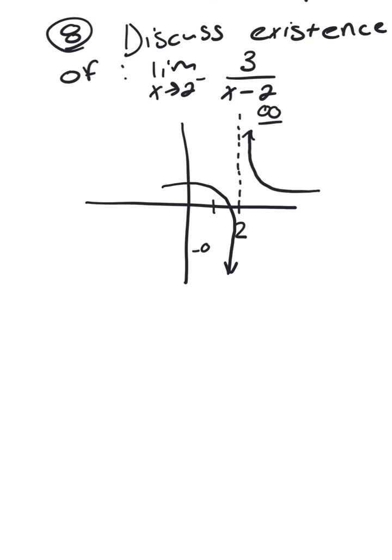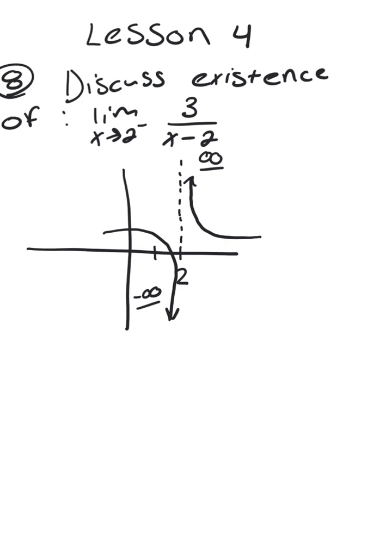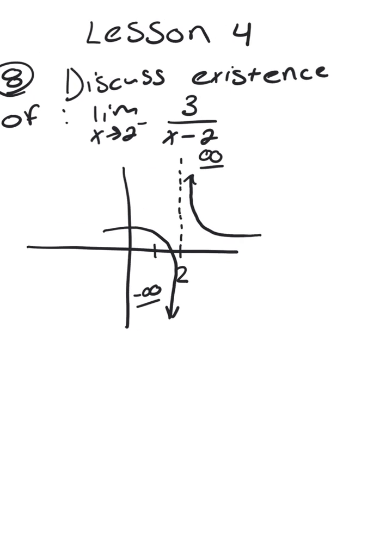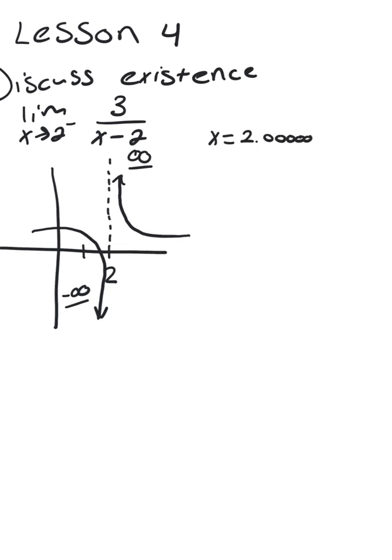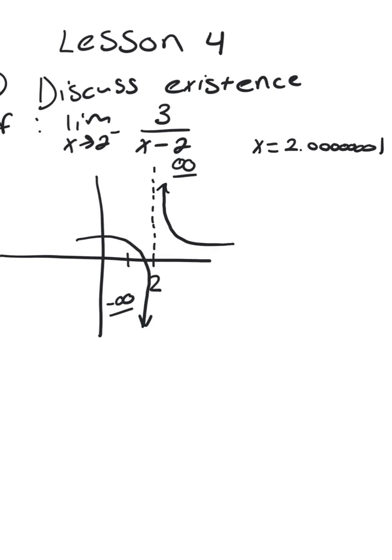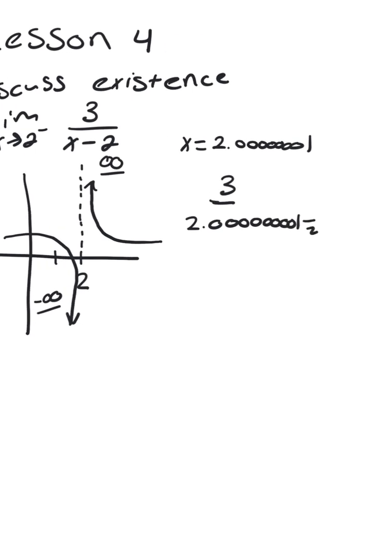And this would also apply if we were approaching the limit from the left side, which would make this negative infinity. Because as we see here, let's say we put x any number that's above 2, so let's do x equals 2.00000001, your number will keep on getting bigger and bigger, because let's put it into perspective. 2.000000001 minus 2 would only leave the decimal over, and we can see that that is a really big number.